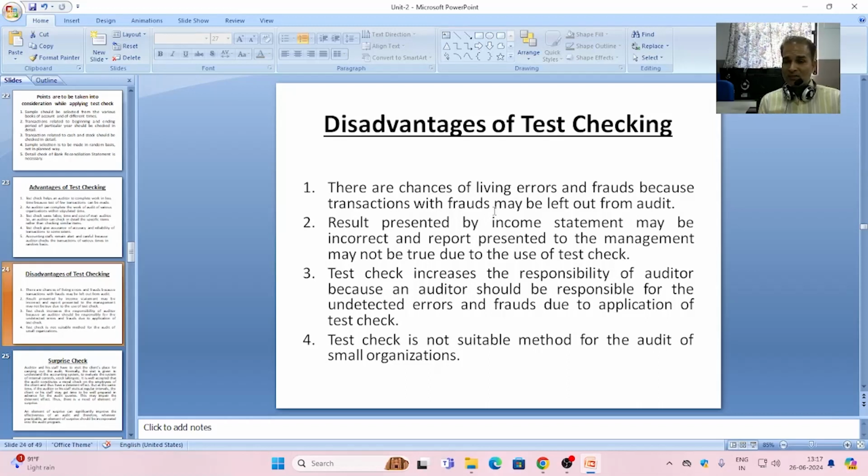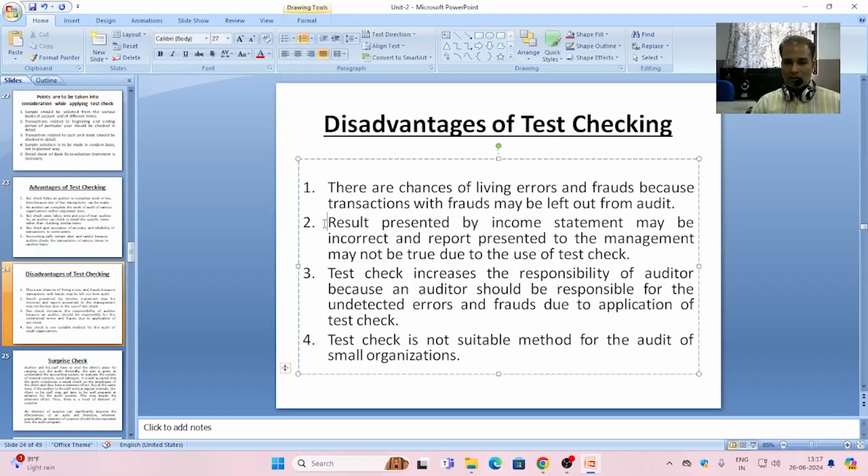So in this case, errors and frauds may remain. Second point, results presented by the income statement may be incorrect and the report presented to the management may not be true due to the use of test check, because there are chances to leave over frauds and errors.